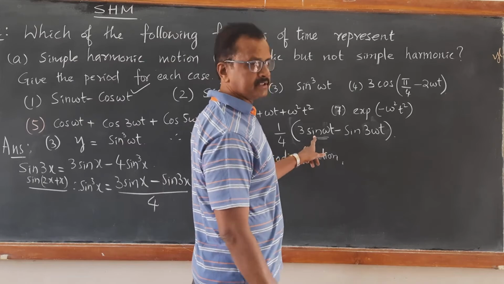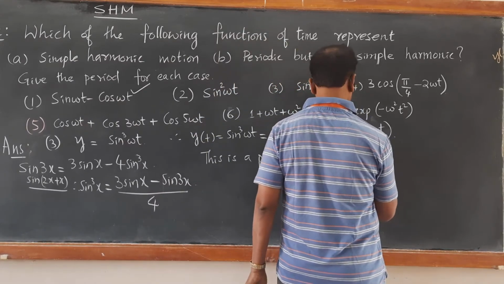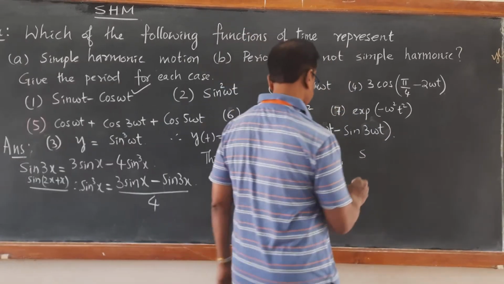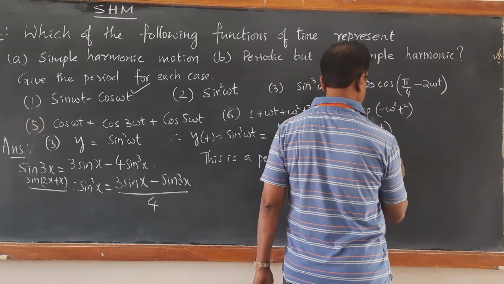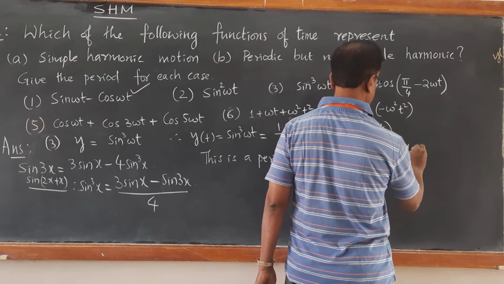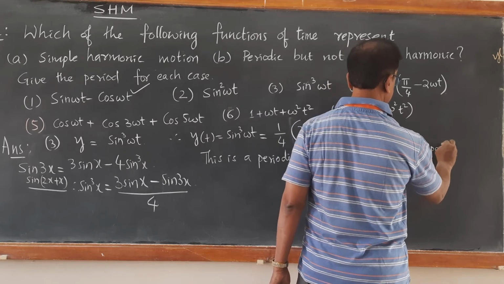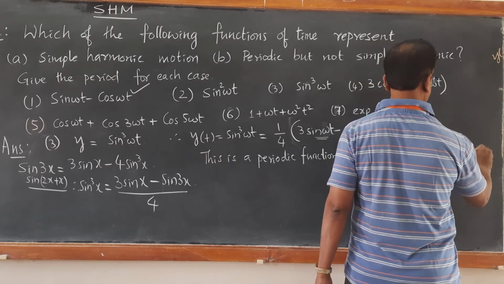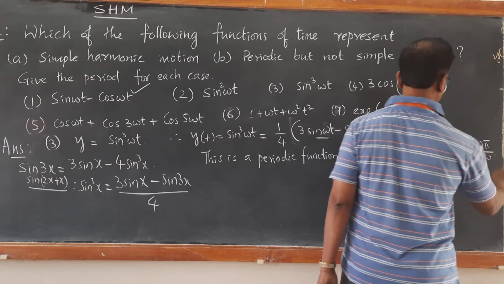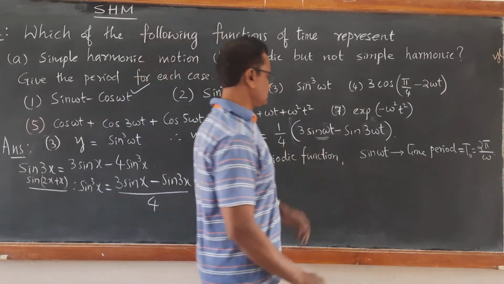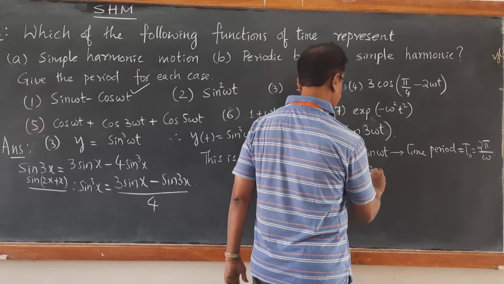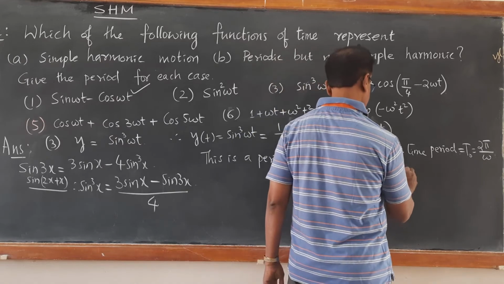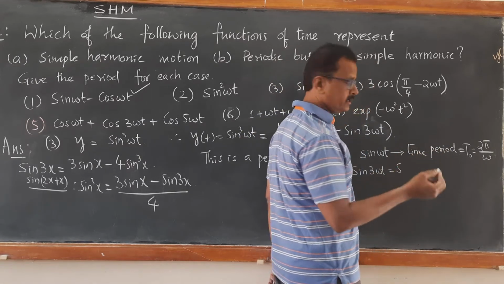You know what is the time period of this one? The time period of sin omega t is T naught equal to 2 pi by omega. What will be the time period of sin 3 omega t? It can be found again using the way that we have done earlier.